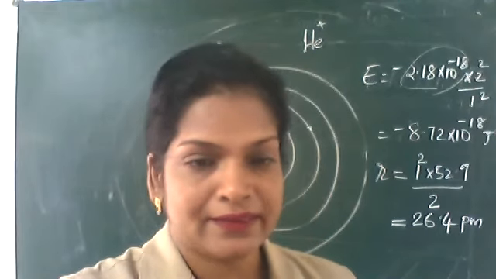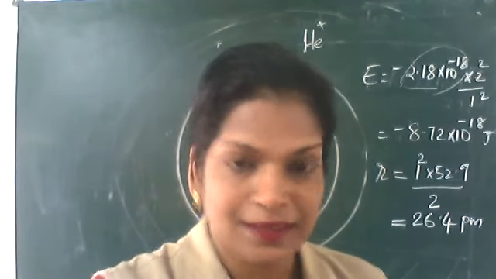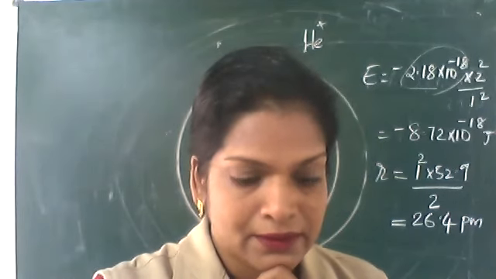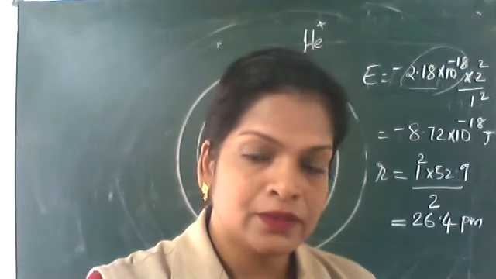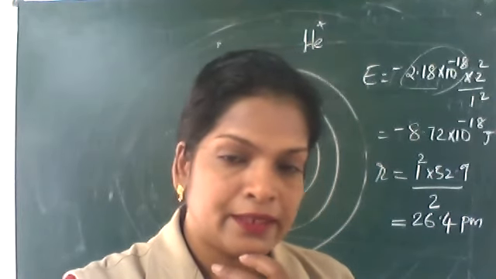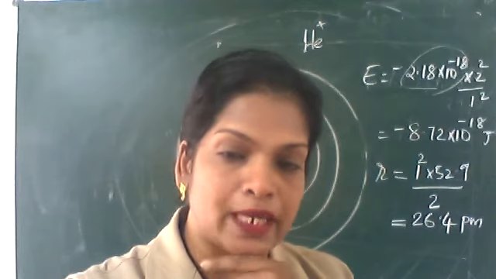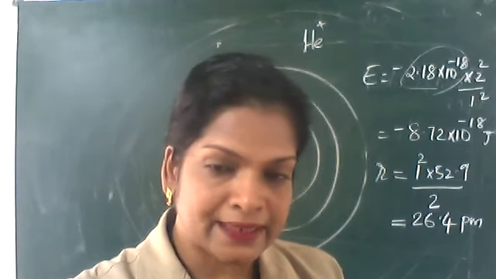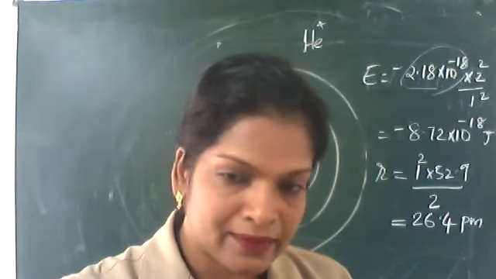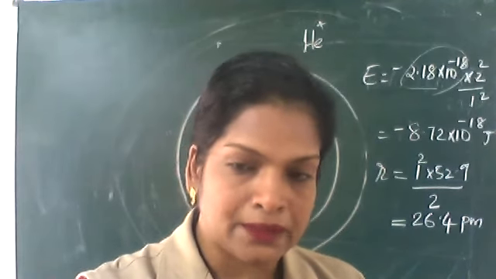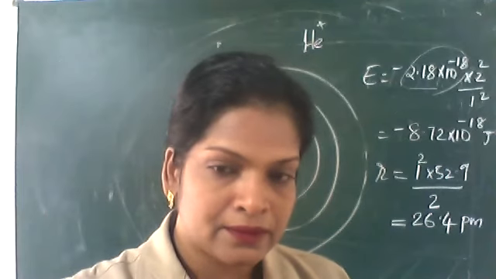Just now we have seen H and He plus. In He plus it is more closer towards the nucleus, which means you have to calculate the radius only. Radius is n square a naught upon Z. Z is coming in the denominator. So Li2 plus, Z bigger. Be3 plus, Z again bigger.